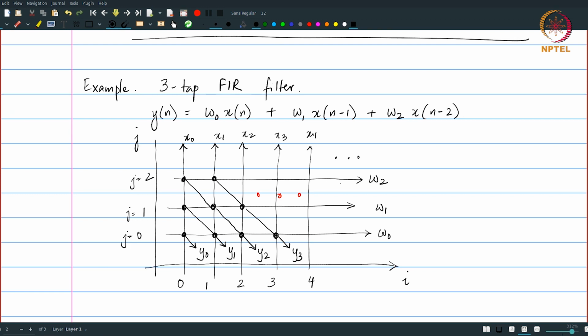A more detailed explanation for how you could come up with this kind of computation by starting with the original equation for the graph has a lot of theory behind it. There is the whole theory of so-called regular iterative algorithms, which is briefly discussed in the textbook reference that I had mentioned, but is generally speaking too much detail for us to go into as part of this course.